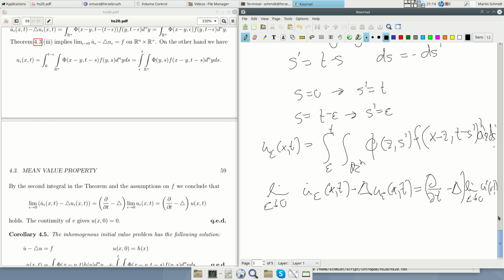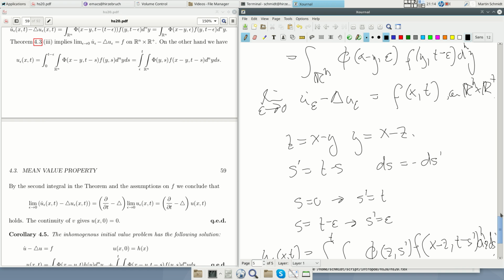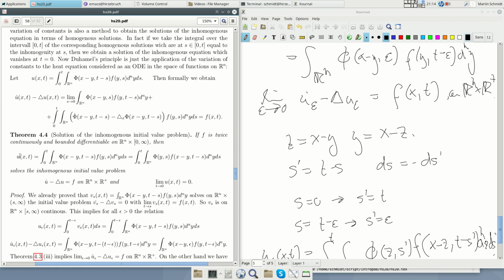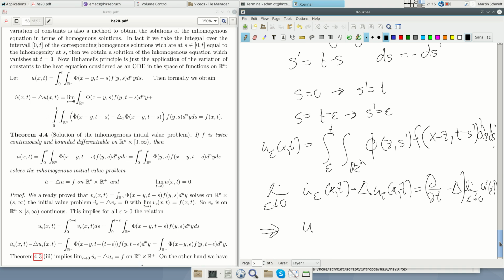For this reason, this shows now that this function really solves the inhomogeneous heat equation. So this shows that the limit epsilon goes to 0 of u solves the inhomogeneous heat equation.